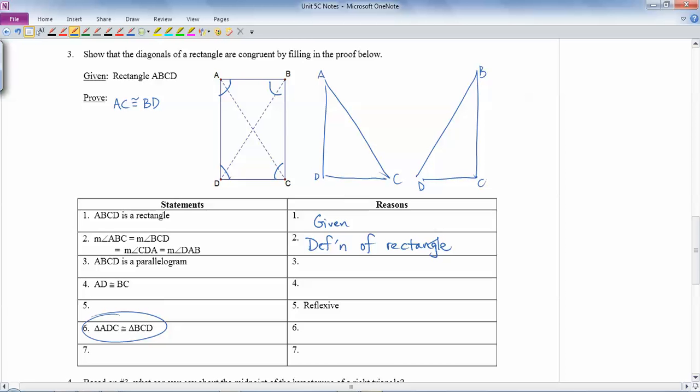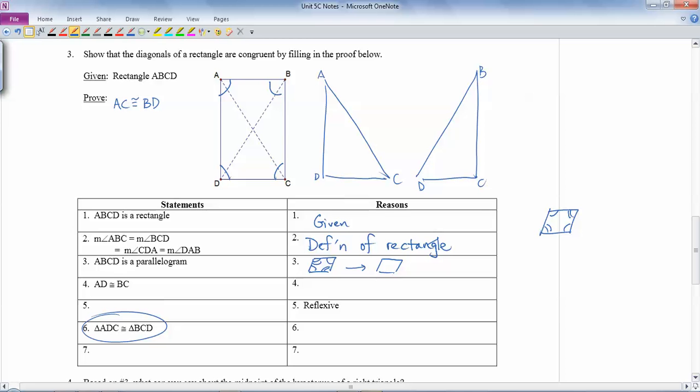And then that's enough to say that it's a parallelogram. Because remember, one of the ways to get parallelograms is by showing that these 2 angles are the same and those 2 angles are the same, which is true in this case. A is the same as C, B is the same as D. So my reason here is I've got both pairs of opposite angles are the same, so I get a parallelogram.